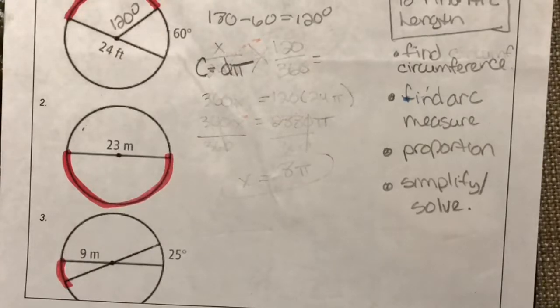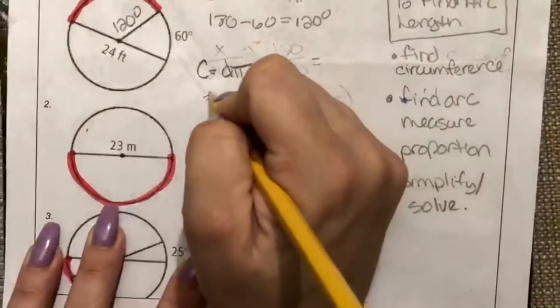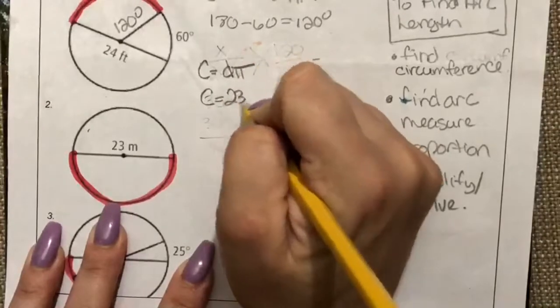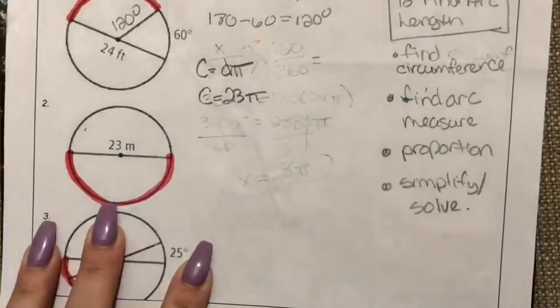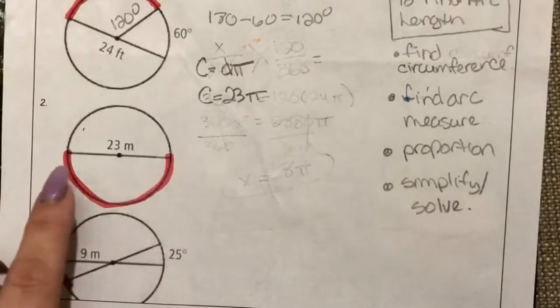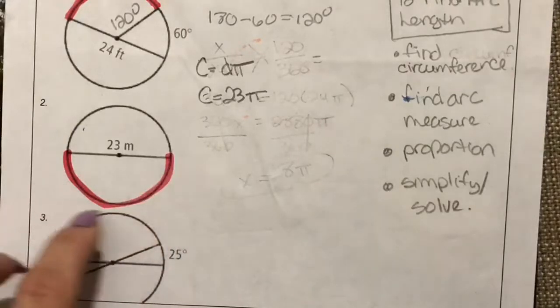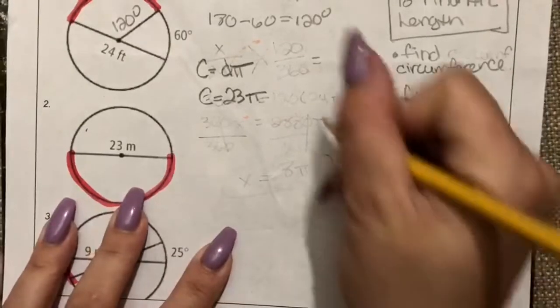So in this one, again, first thing I want to do is find the circumference. So I can see here that my diameter is 23. And I also want to find my arc measure, which I can see is a semicircle, so I know it's 180 degrees.